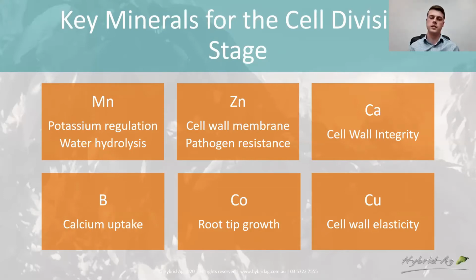And then copper, because of the role it plays in lignin production, has an influence on the elasticity of each cell, allowing the fruit to expand and contract.